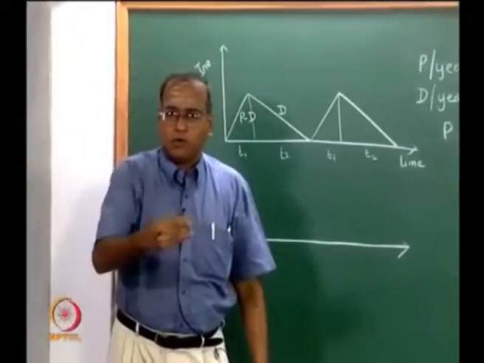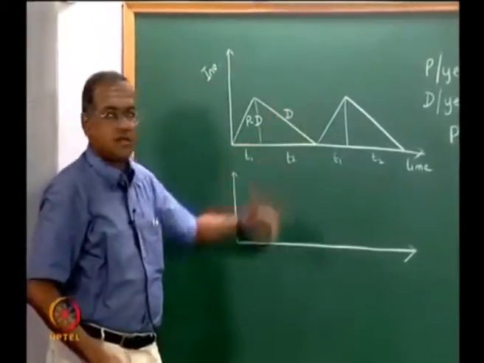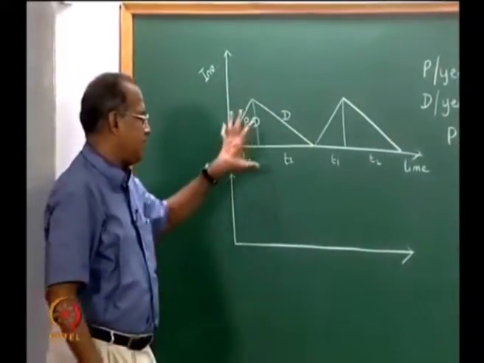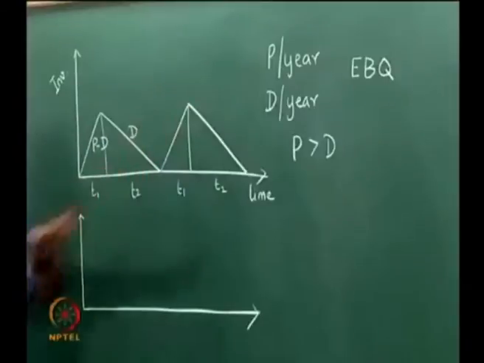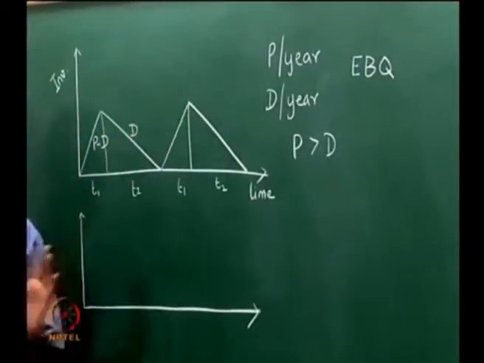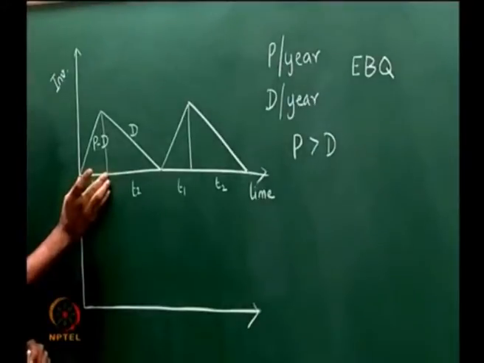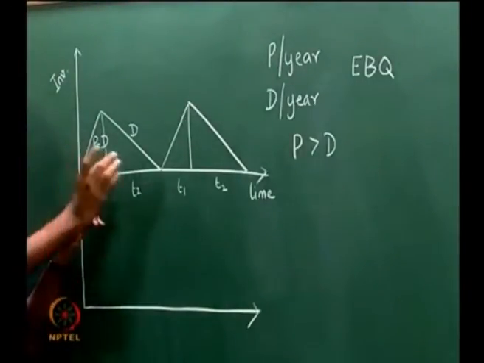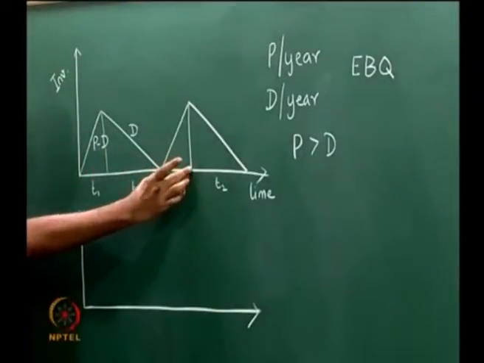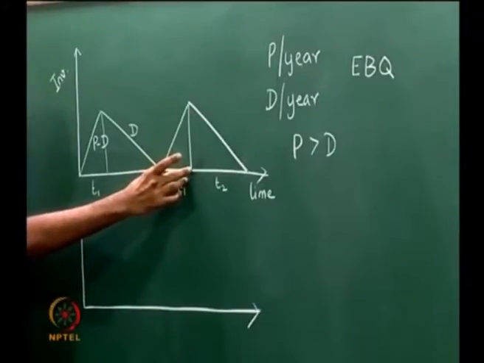very similar to EOQ. We also said that there is a setup cost that is involved every time we start producing it, because if we draw a similar figure for the facility that is producing, then the facility is busy making this item up to period T1, and then the facility again starts making this item at this point and is busy for a period T1.